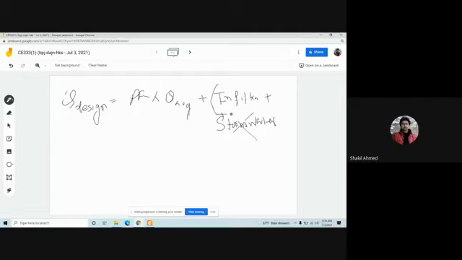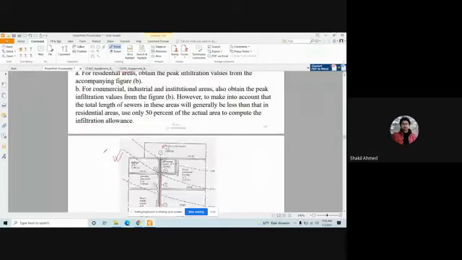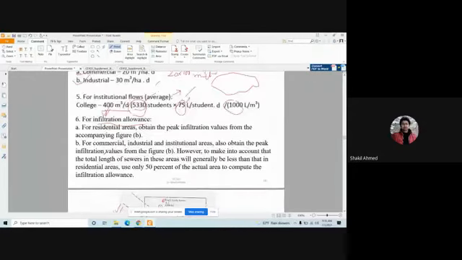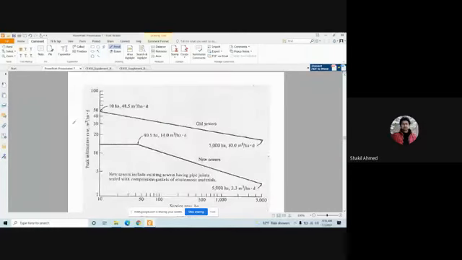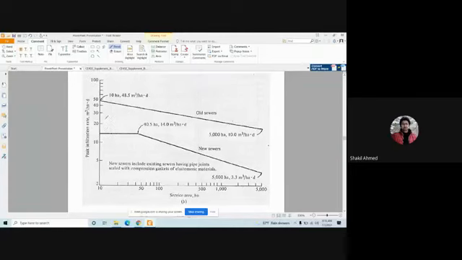Now infiltration, right? How can I calculate this? Let's look at this figure here. This figure gives us an estimation of the infiltration.